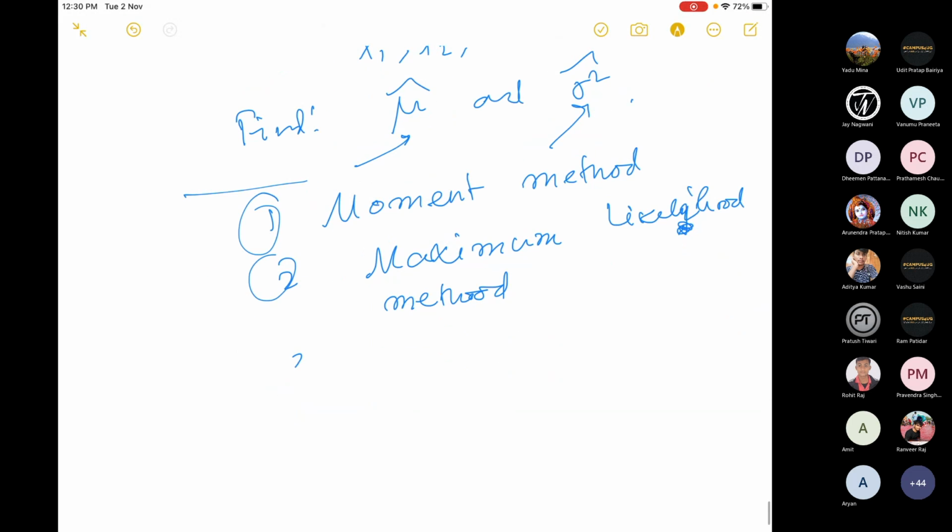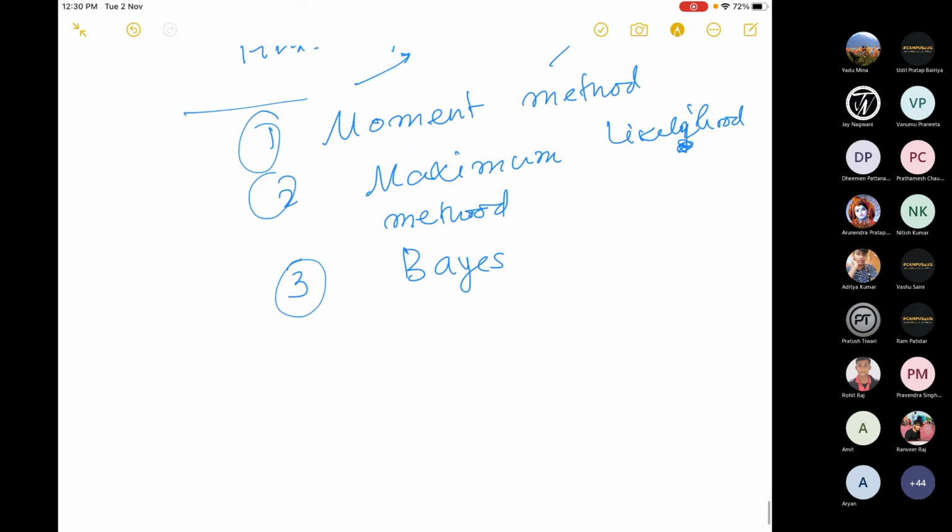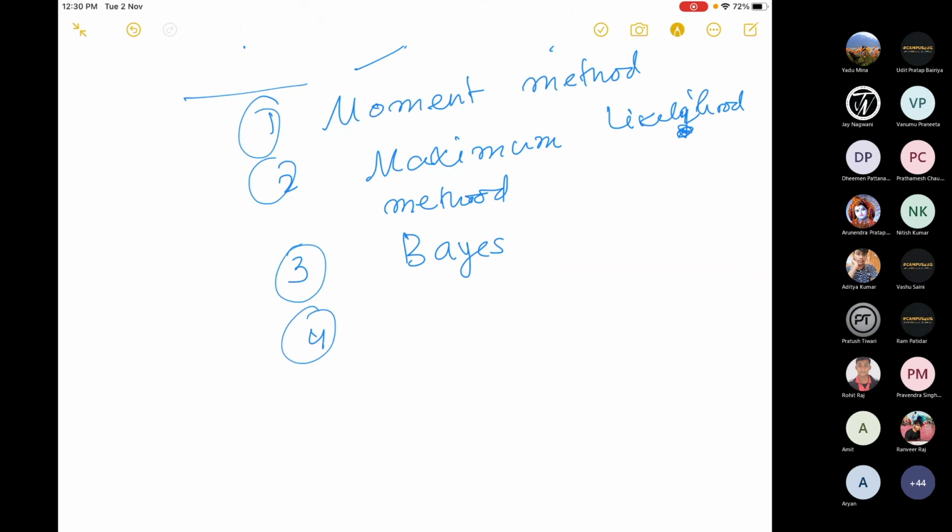Then the Bayes method, the least squares method, and the minimum chi-square method. Chi-square will again play a big role when I talk about testing of hypothesis.